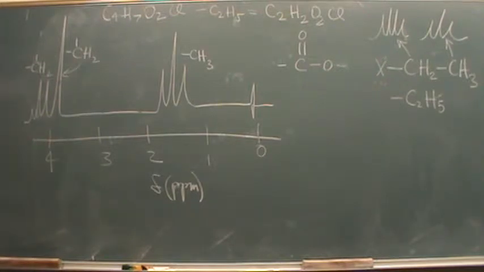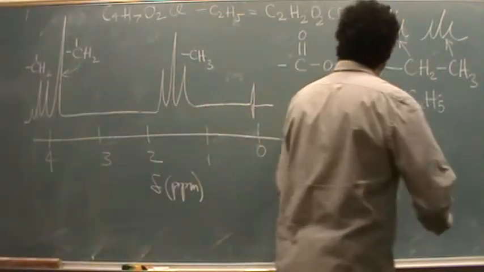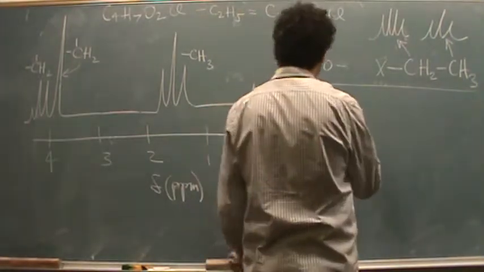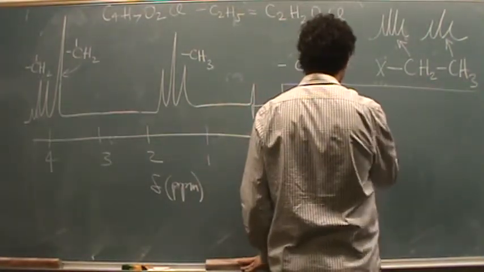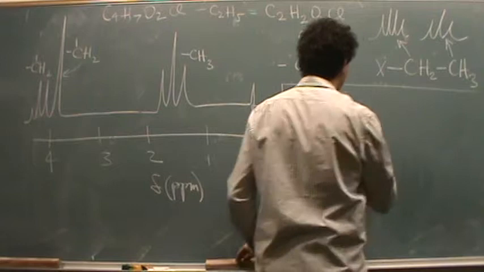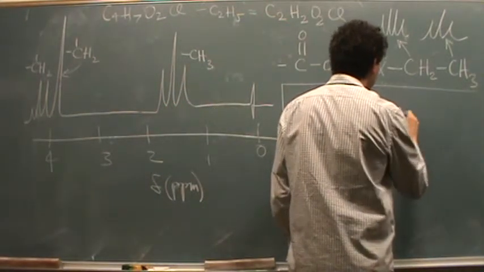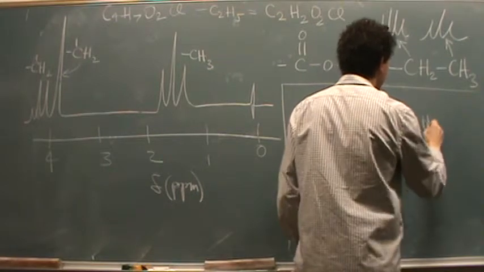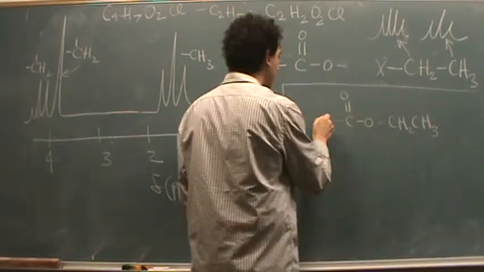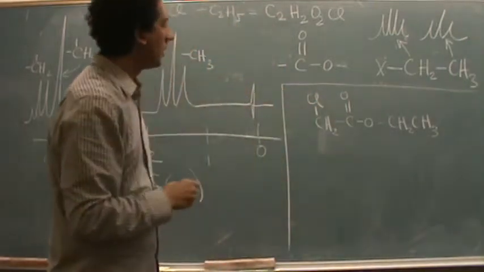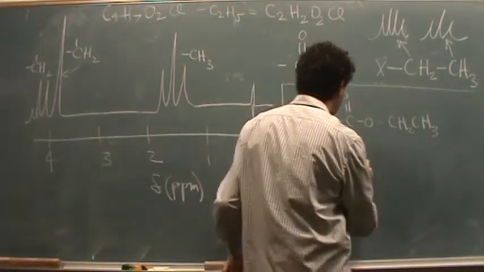So if I mess around down here, if I put the ester like that, if I put the ethyl group here, I could put a CH2 and a Cl here, or I could do the opposite.